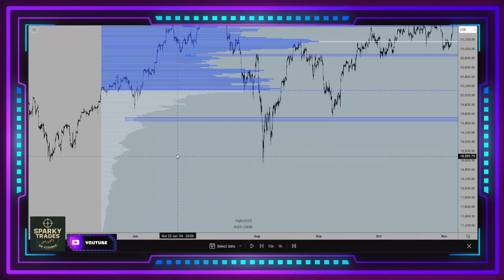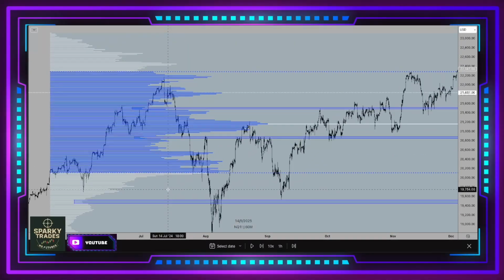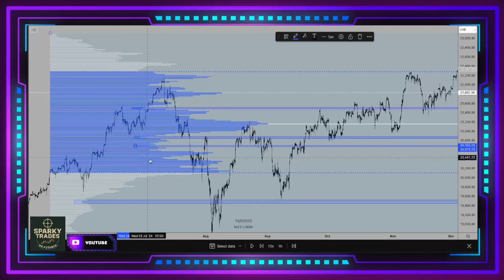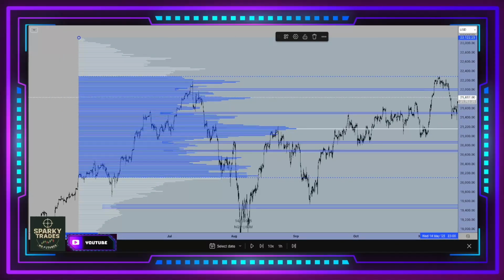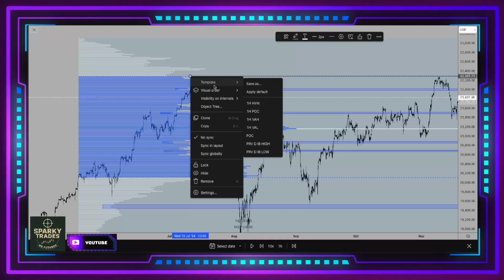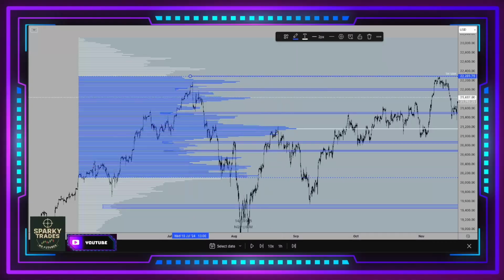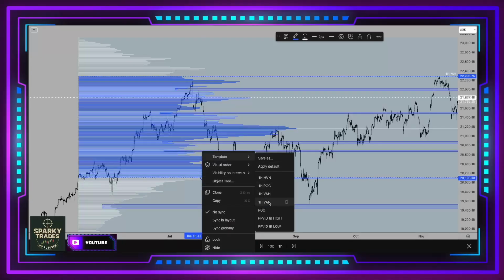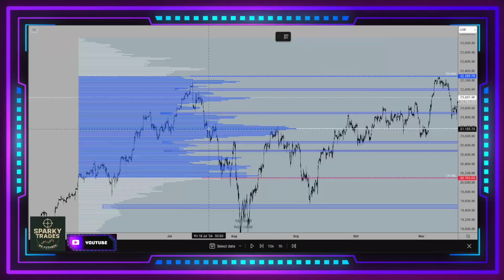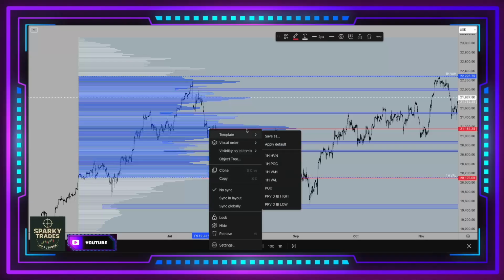There. We're going to mark out our value area high. We're going to mark out value area low. And we're going to mark out point of control.